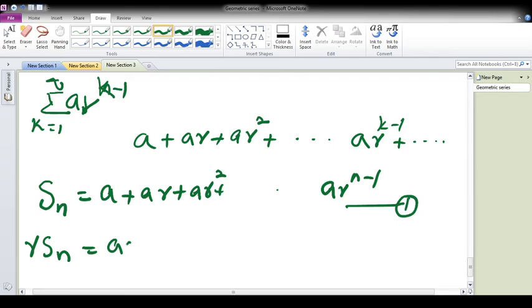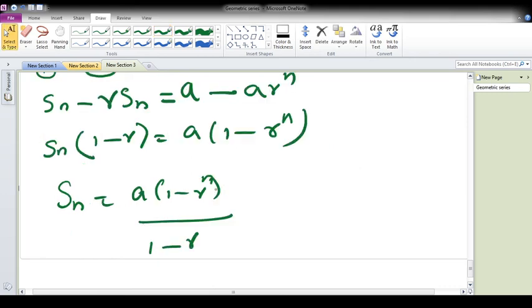So we can write Sn equal to a into 1 minus r power n by 1 minus r. Okay, so we got the partial sum.